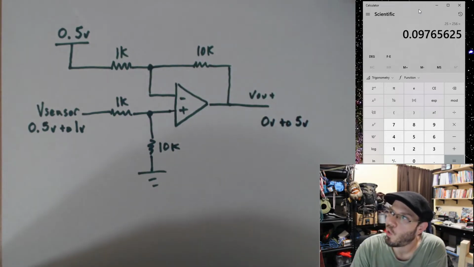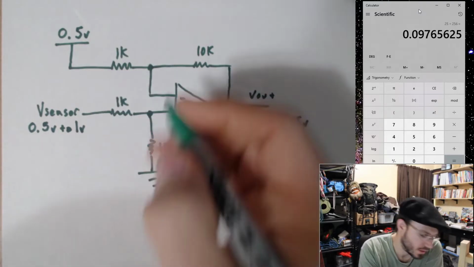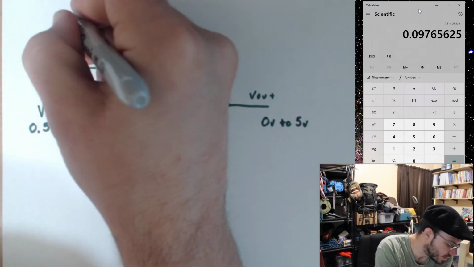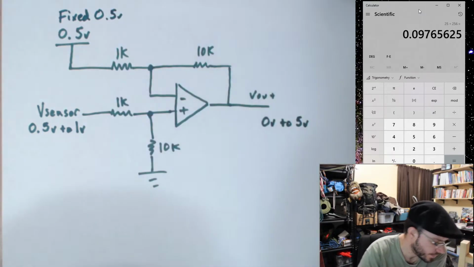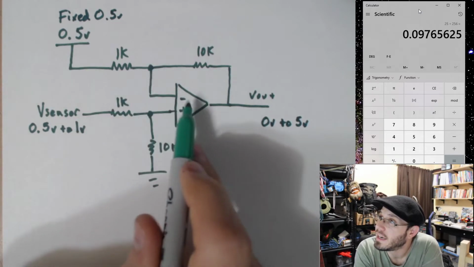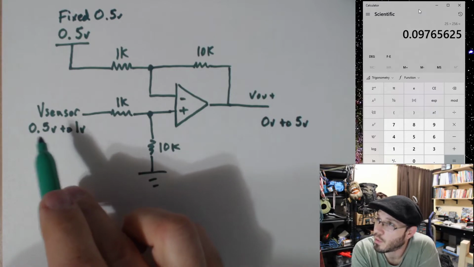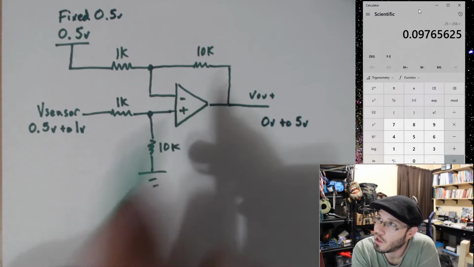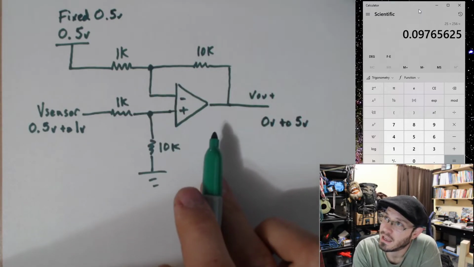And this is all we have to do. So we have a fixed 0.5 volts feeding into our inverting input, and our V sensor, which takes on a value of 0.5 to 1 volt, feeds into our non-inverting input, and this whole thing has a gain of 10.